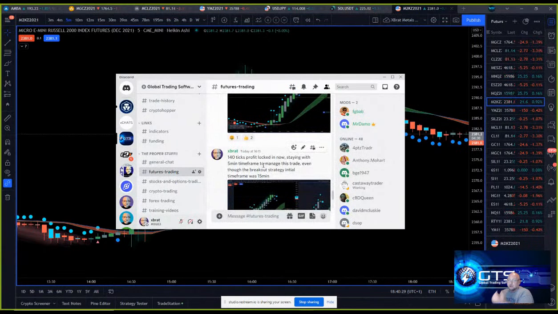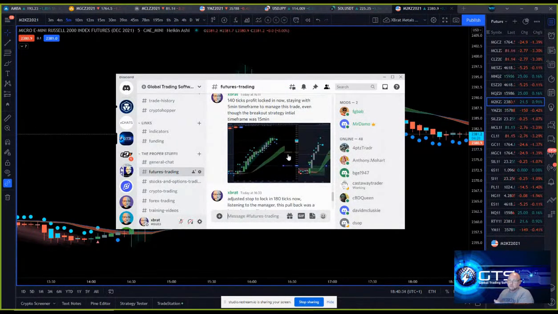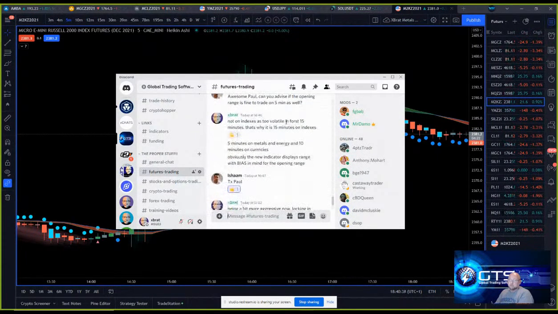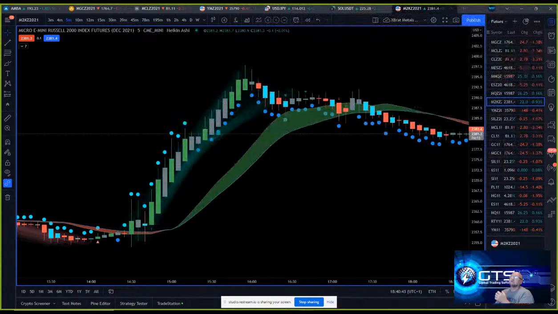Now I'm on the 5 minute time frame, being a little bit more aggressive and showing those charts where the trading stop is. 180 ticks locked in at this point, and then finally 200 ticks locked in at this point using the manager. And I was doing that live on the Discord group today, which was phenomenal.